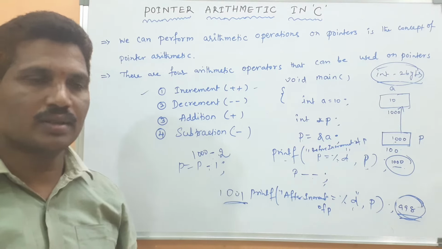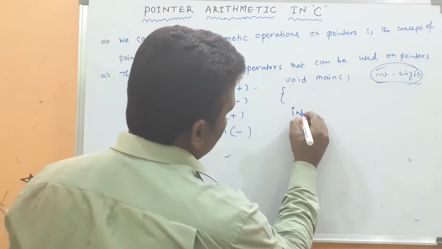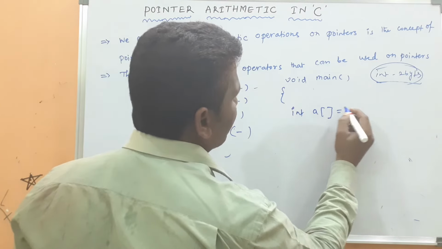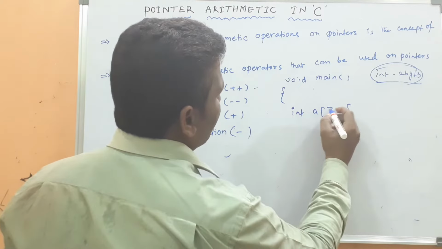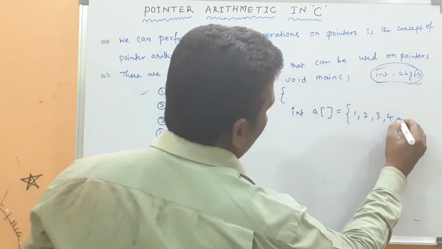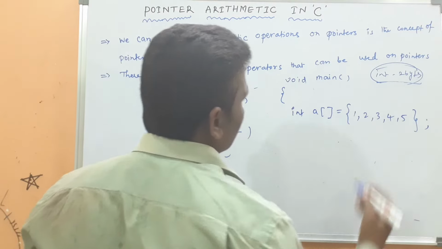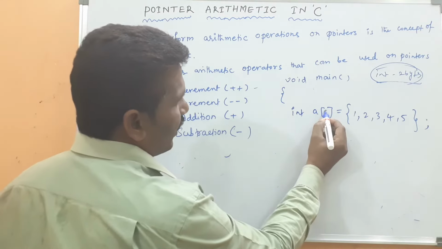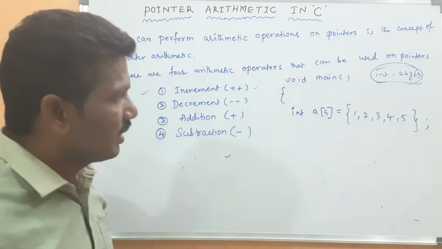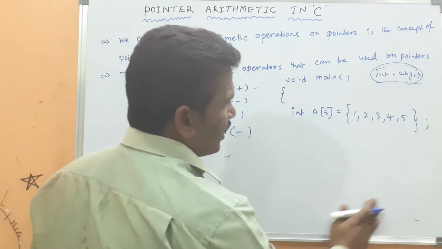So, int a of 5 with elements 1, 2, 3, 4, 5. What is the size of the array? 5, you know it.